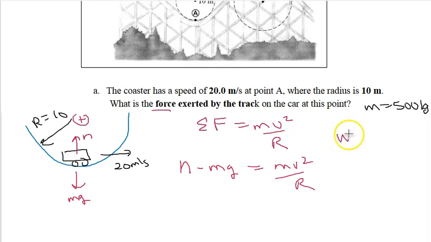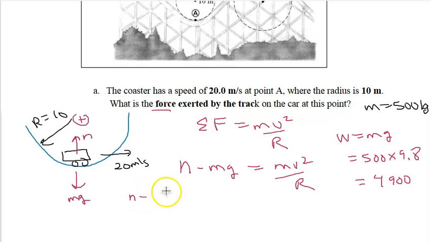Let's see, the weight is 500 times 9.8, which is 4,900. So we have normal minus 4,900 equals 500 times 20 squared over 10.